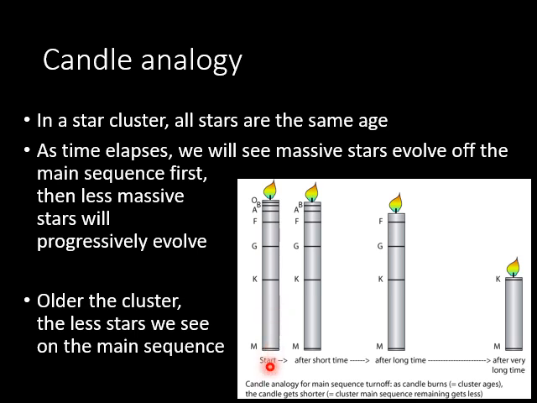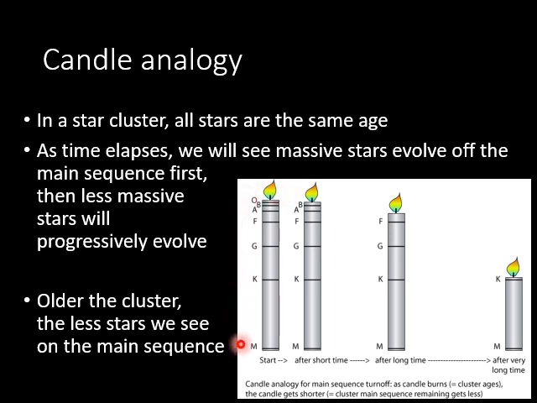If my candle on the left is the beginning, time equals 0, I light the candle and I let it sit. What's going to happen to the wax of the candle? Well, as time goes by, you can see that the wax is disappearing, right? The candle is burning down, and as time goes by, the candle gets smaller. As time progresses, the stars that are left on the candle are less and less massive.